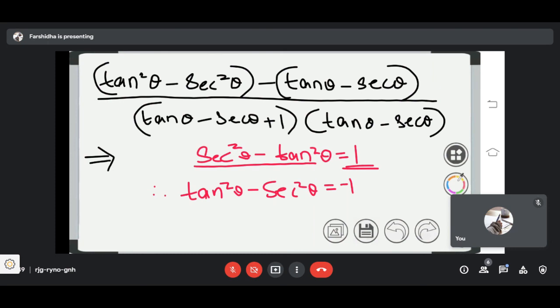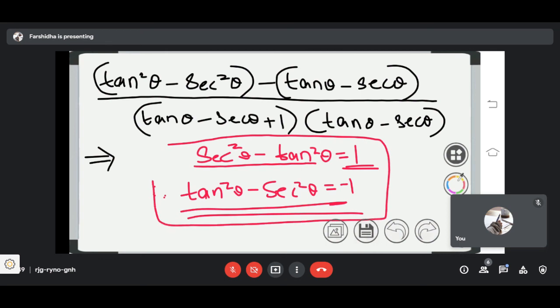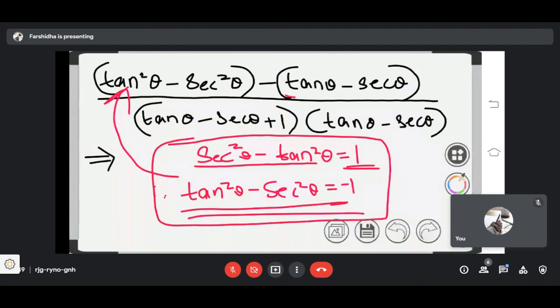Sec square theta minus tan square theta you have written as tan square theta minus sec square theta, so change the sign here also. That's it. Write this one somewhere on the side of the notebook and you can replace this one by minus 1. Tan square theta minus sec square theta is equal to minus 1. And also I'm going to remove this bracket in the next step.